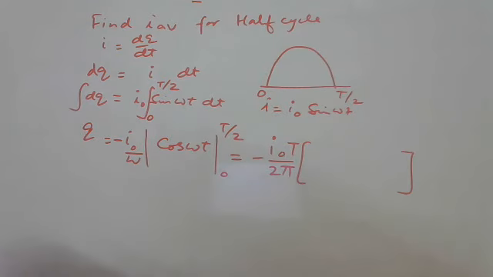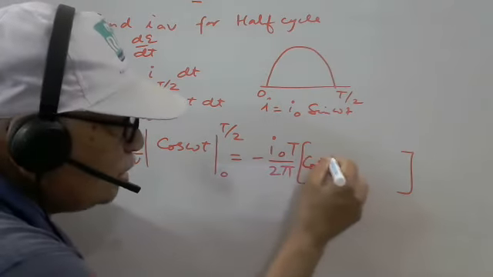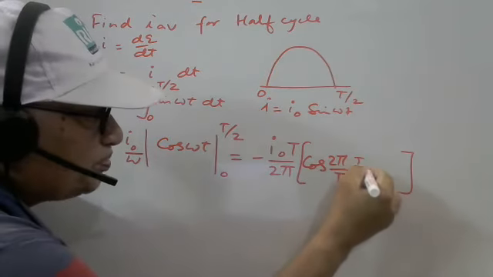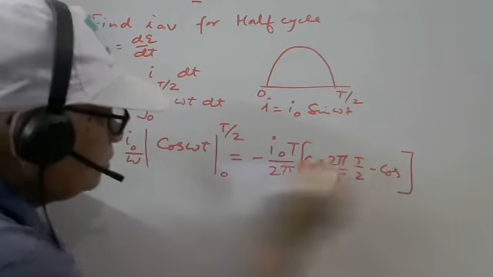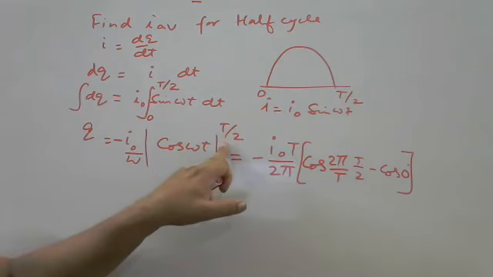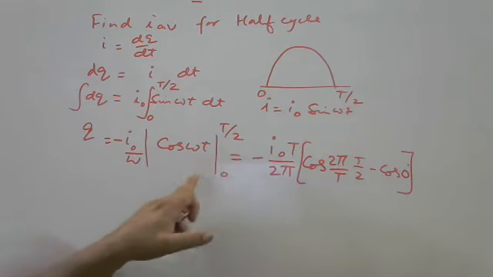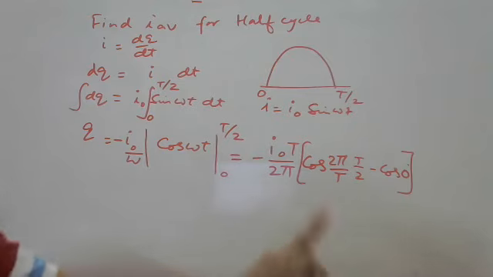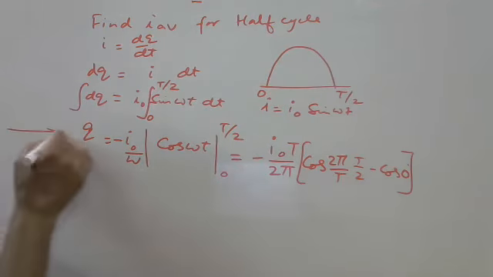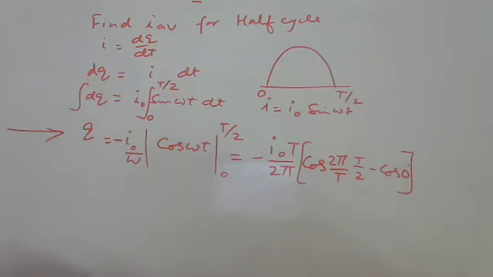Is it clear now? Putting the value of omega as 2 pi by t, t comes here. Now cos omega t, where omega means again 2 pi by t, with the upper limit t by 2 and the lower limit cos 0. Now think about the limit. First take the upper limit, minus the lower limit. Think about this line, and tell me if any doubt.